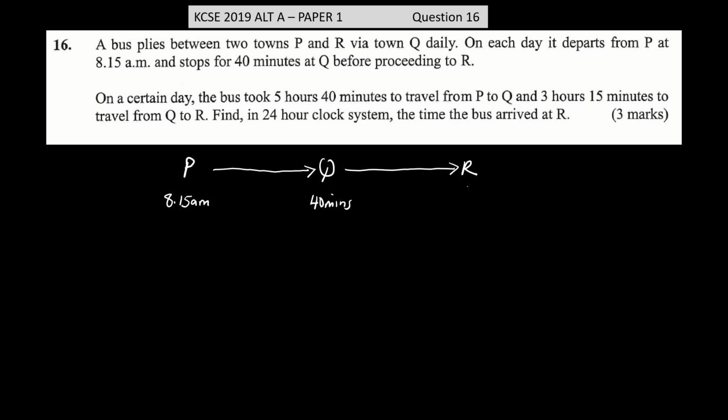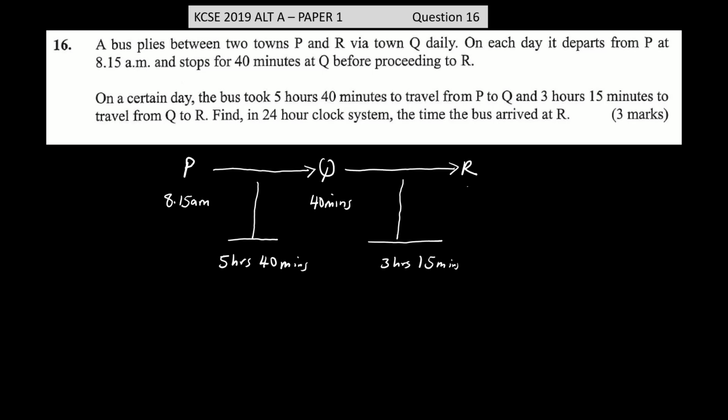So on a certain day, the bus took 5 hours 40 minutes to travel from P to Q. So on this day, between P to Q, the bus took 5 hours 40 minutes, and 3 hours 15 minutes to travel from Q to R. So on this day also, from Q to R, the bus traveled for 3 hours 15 minutes.